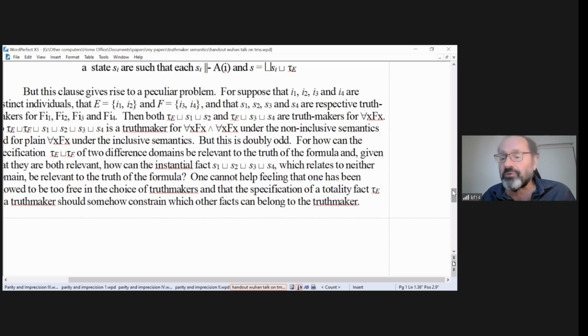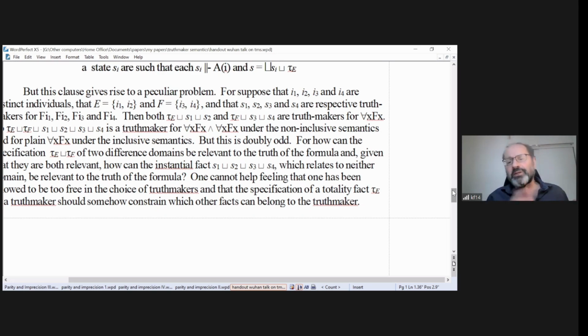And similarly, in regard to ground, people sometimes want to say, look, the grounds for a universal statement are its instances, but not the totality fact, which is some kind of background condition. Okay. Well, what happens is that within this semantics, in order to avoid certain odd results, we've had to make a similar distinction. We've had to say, look, it's helpful to distinguish between the two different roles that a truth maker may play.